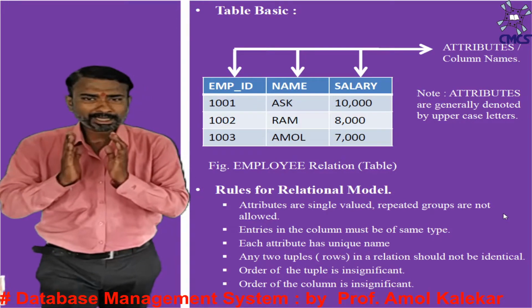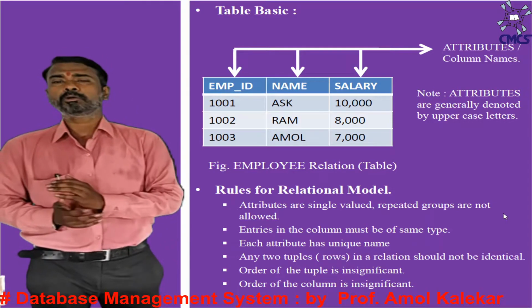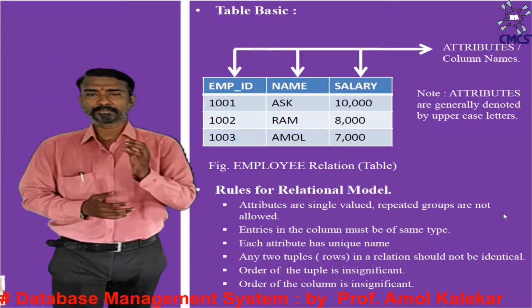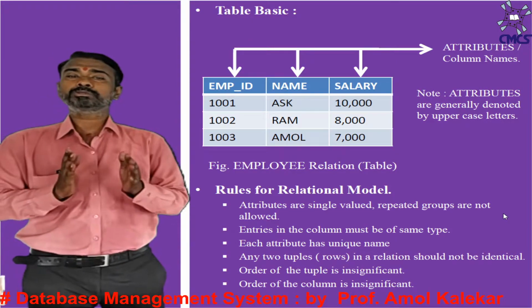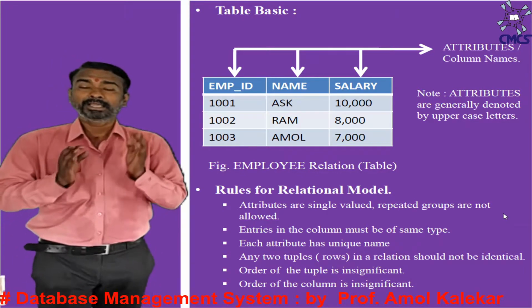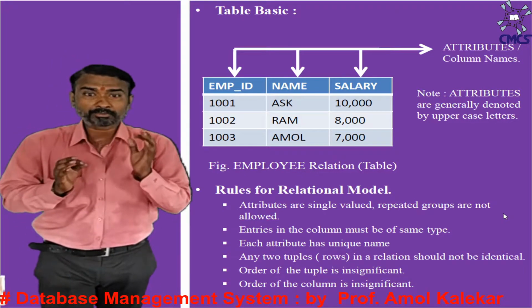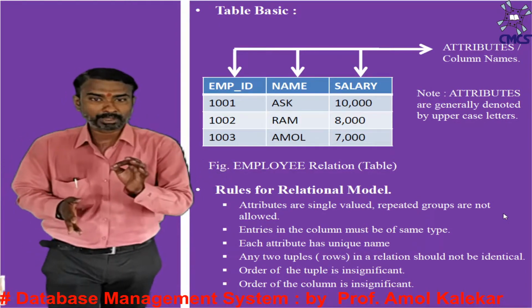So while defining the structure of a given relation in the relational data model, you should follow certain basic rules. And those rules are: first one, the attributes are single valued. It should not be represented in terms of groups. It is not allowed in RDBMS.